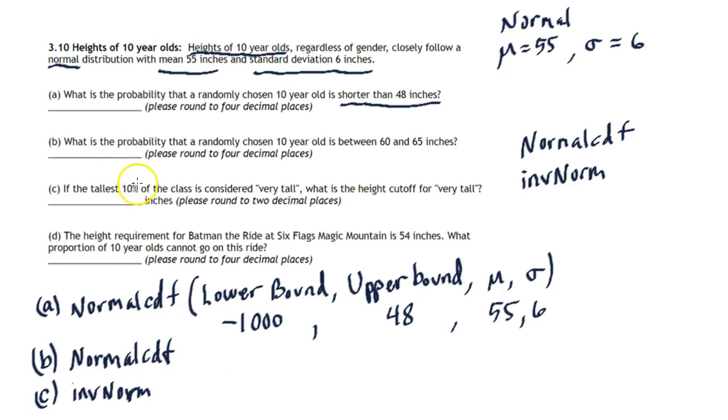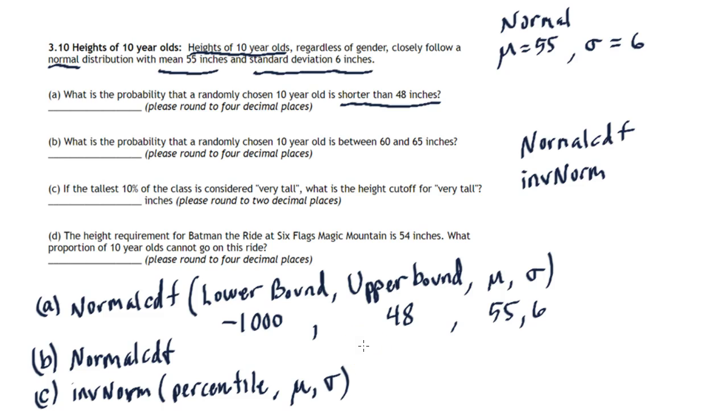Since we're going from a percentile to a value, because we want to know what is the height. So we're going from percentile to value, so that's inverse norm. What you have is the percentile, and then the mean and standard deviation.